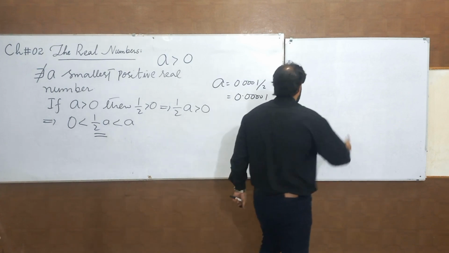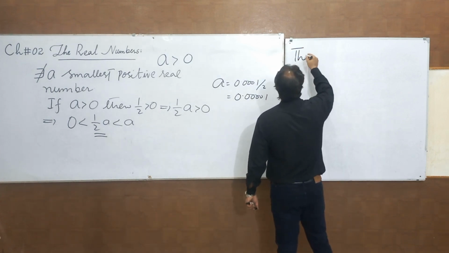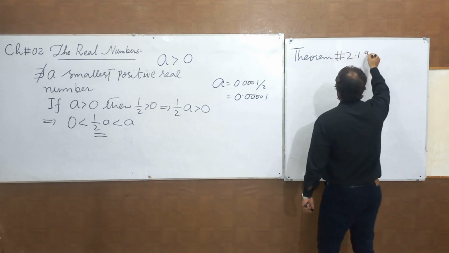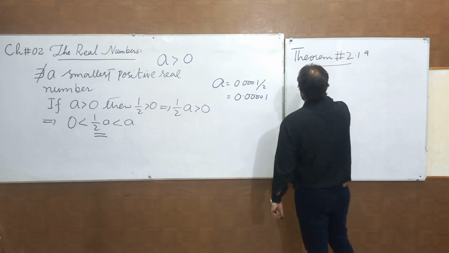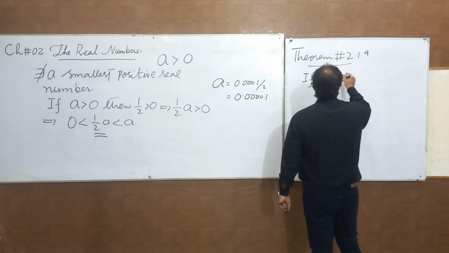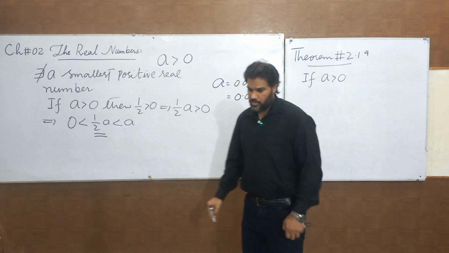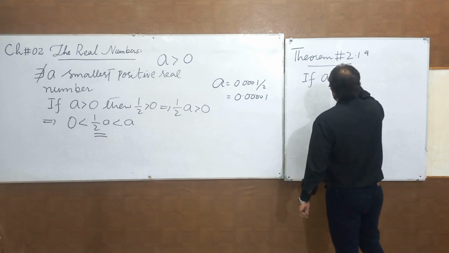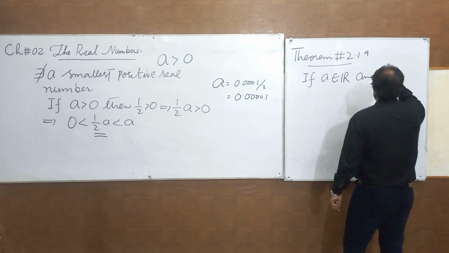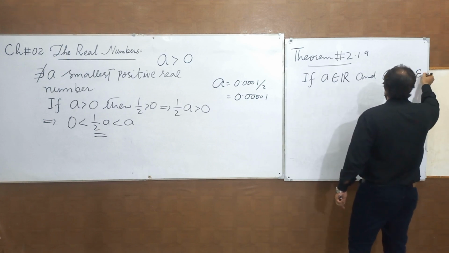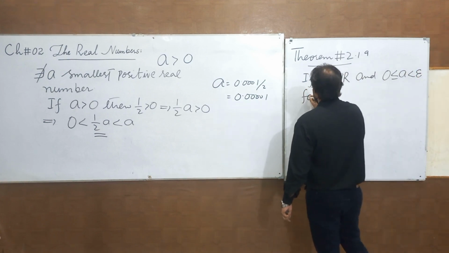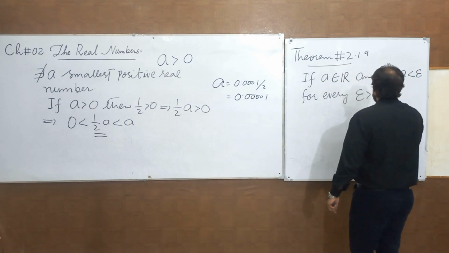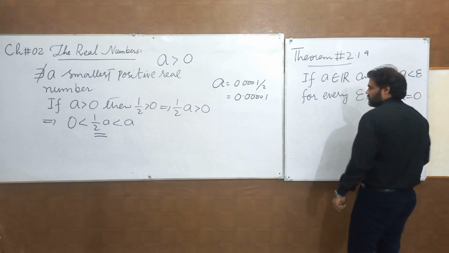Theorem 2.1.9 says, if a belongs to R and 0 is less than or equal to a, which is less than epsilon for every epsilon greater than 0, this is only possible when a is 0.